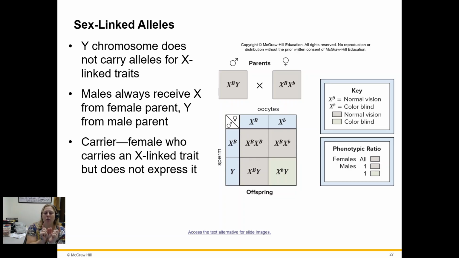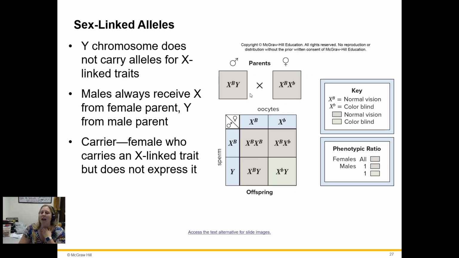When you inherit two copies of an allele, you have a higher chance of being heterozygous. Even if you get that recessive allele, you have a higher chance of having a second allele that is dominant. Males inherit one X chromosome, which means that if they inherit a recessive X, that is what they've got. They do not have a second X to have that as an option.